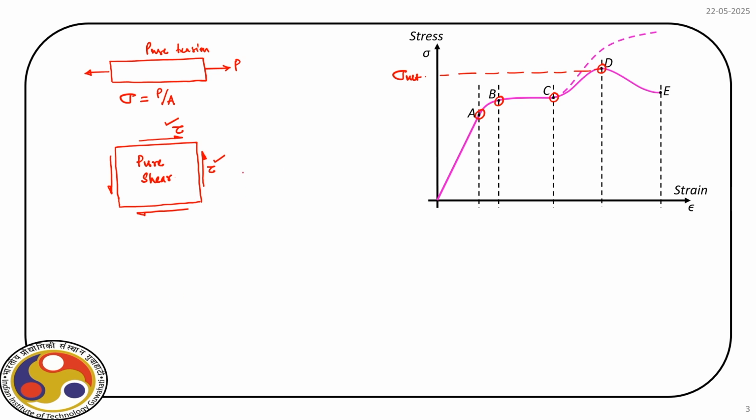Now, when you design a structure, you basically focus on this sigma ultimate, and another point is here, this is the yield point. So, sigma yp. Why? Because the moment the material crosses this sigma yp, obviously there will be a plastic deformation, and sigma ultimate is the maximum stress the material can withstand.